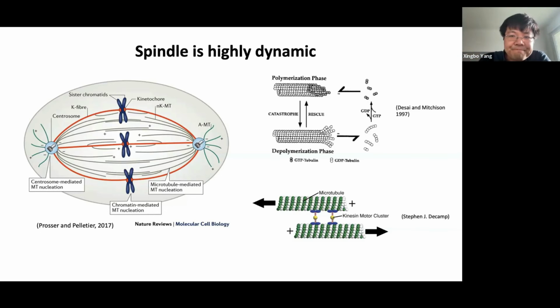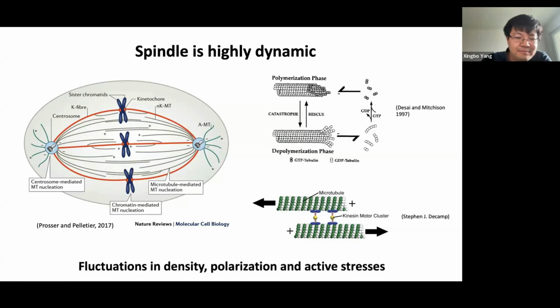With all those processes happening inside the spindle, among many others, the spindle is fluctuating. Even if you have a steady state spindle, its components are not static. They are constantly fluctuating in density, polarization, and active stresses because of these local activities, actually because of the local input of energy.